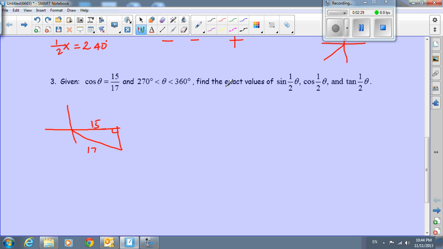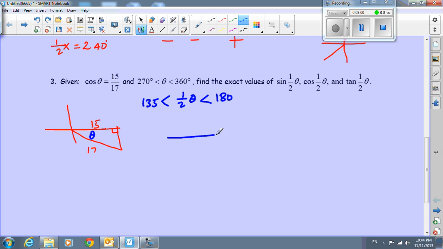My concern is to find the exact value of sine 1/2 x and so on. Well, 1/2 of theta, theta being this one. So I'll mark this as theta. I will say 1/2 theta is therefore located not between 270 and 360, but between 135, which is half of 270, and half of 360, which is 180.